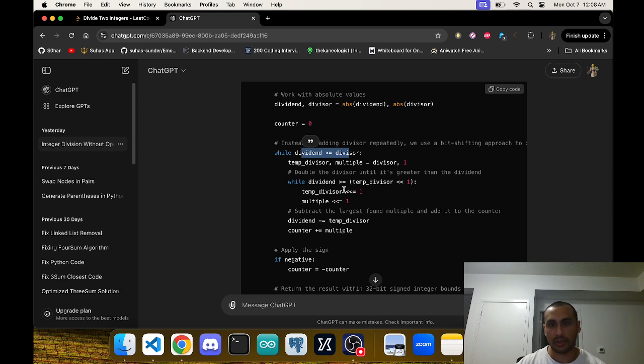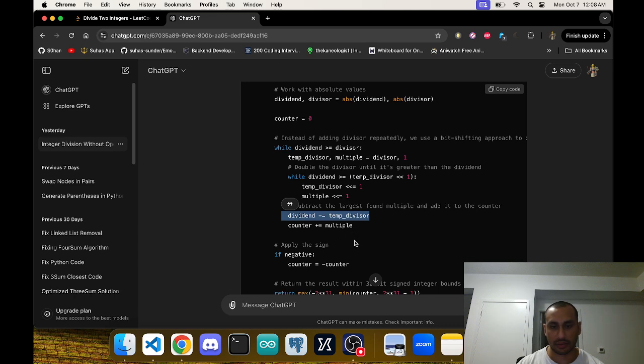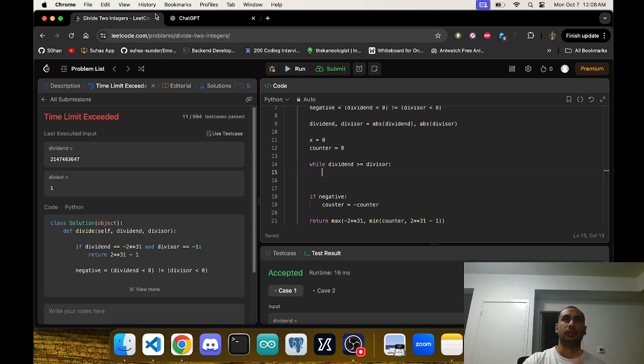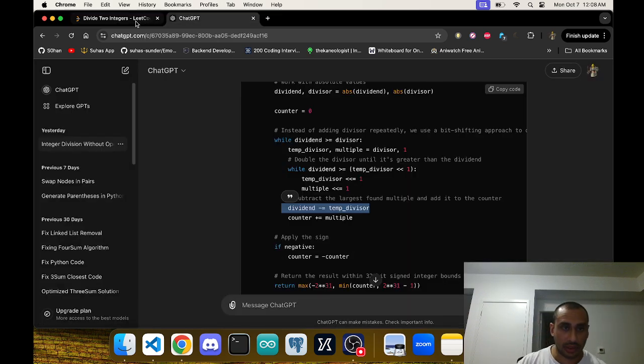And then while dividend is greater than or equal to temp divisor, because we have to go dividend minus temp divisor to get the multiple, so the amount of times it'll fit in there. So instead of going 1, 2, 3, 4, we go logarithmic because it halves the time, because we're doubling our divisor every time, doubling the count.